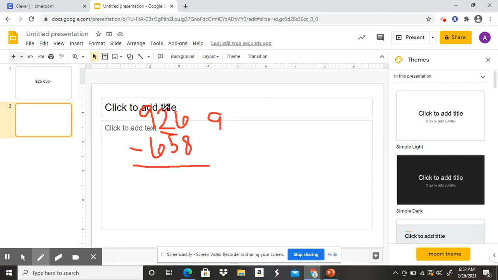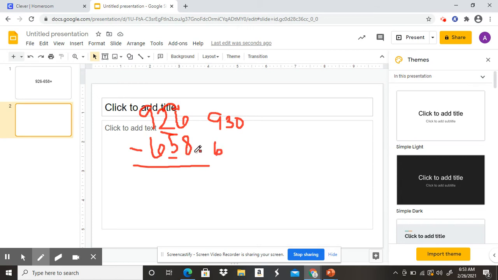So I look next door at the 6, and since the 6 is 5 or higher, 926 is going to round up to 930. So that 2 is just going to change to a 3, and then you're going to put a 0 to fill in your ones place. Then I look at 658. I ask myself, what number is in the tens place? And it is 5. I'm not doing anything with that hundreds place, so I go ahead and move it on over.